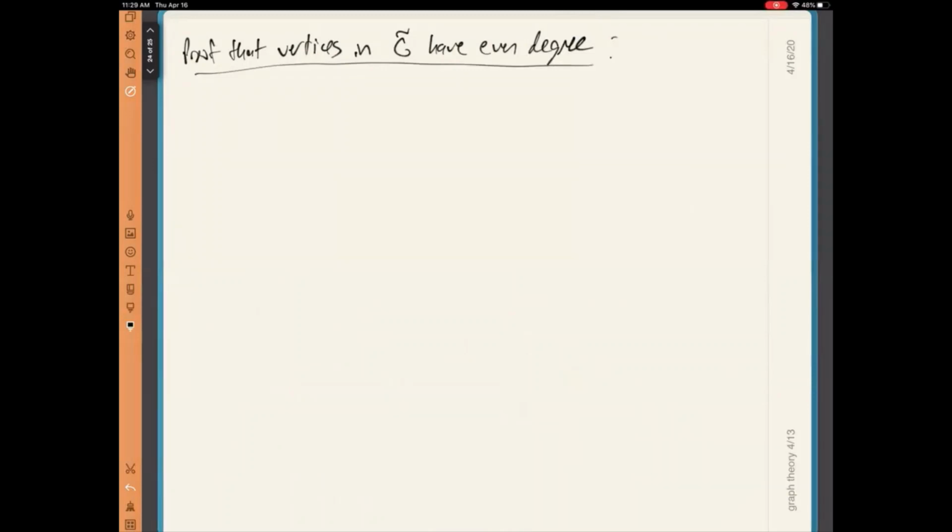Right, and so, well, let's suppose that W is a vertex in G tilde. So there's two cases to consider. The first case is that W was not in the red path from the initial algorithm.